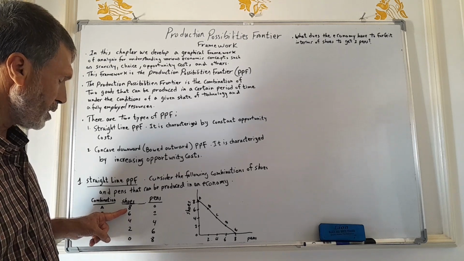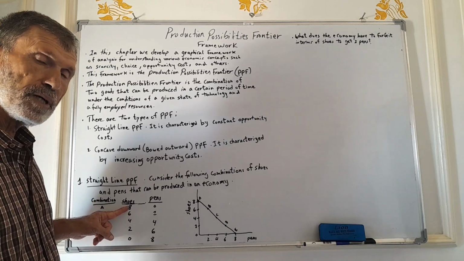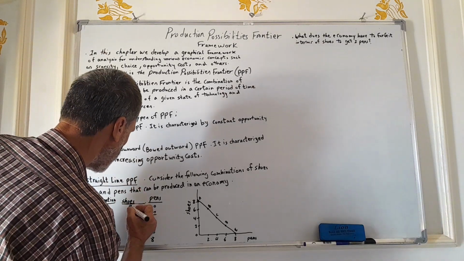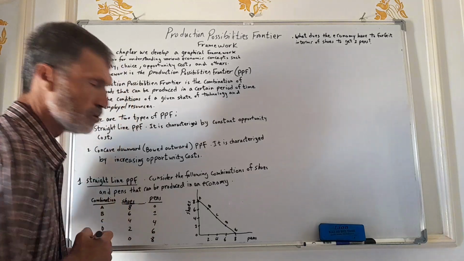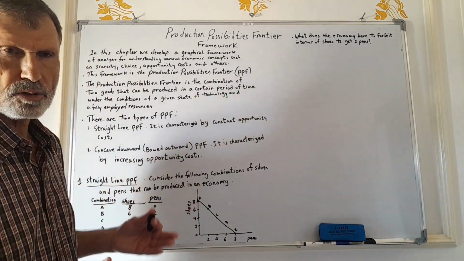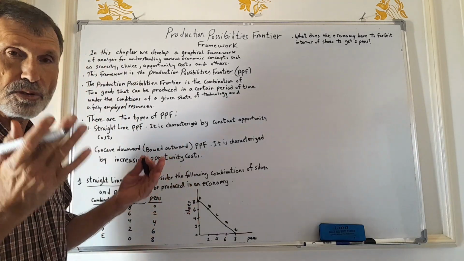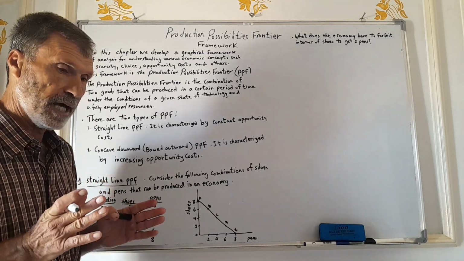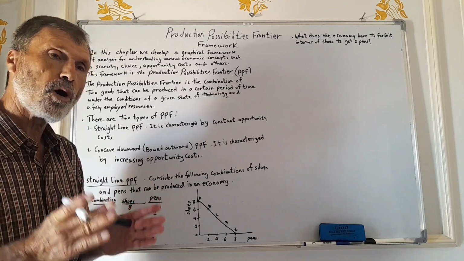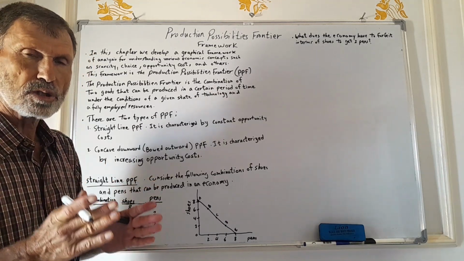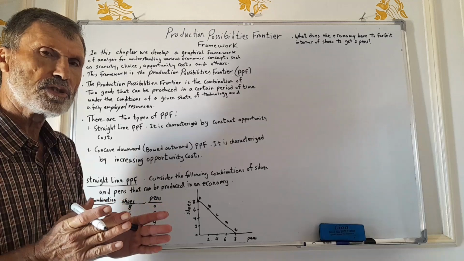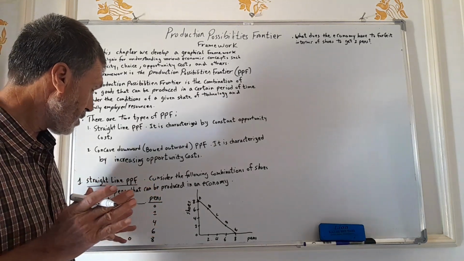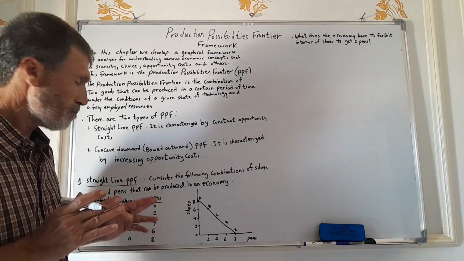When the economy produces the maximum output of shoes, it produces 8 shoes. It could be 8,000 shoes, it could be 8 million shoes, and of course, 0 pens. This means that when the economy devotes all its resources to the production of shoes, it produces the maximum amount of shoes, namely 8 shoes and 0 pens.